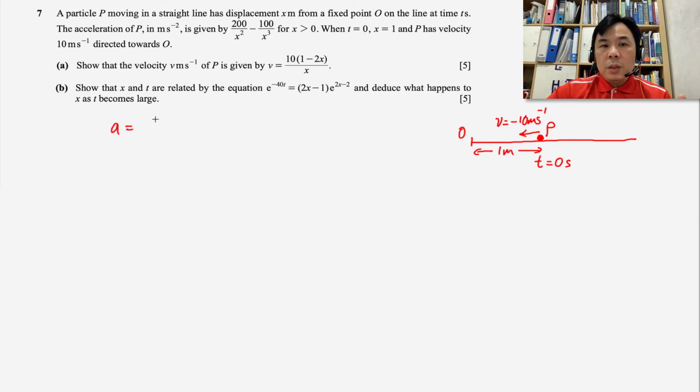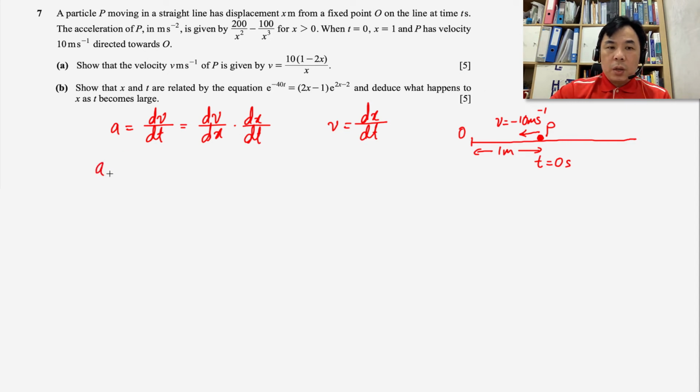Now there are many versions of the acceleration. It could be the rate of change in velocity, which is given by dv/dt, which by the chain rule is dv/dx times dx/dt. And then we know that dx/dt is velocity. Therefore, we can change the acceleration formula to v dv/dx.